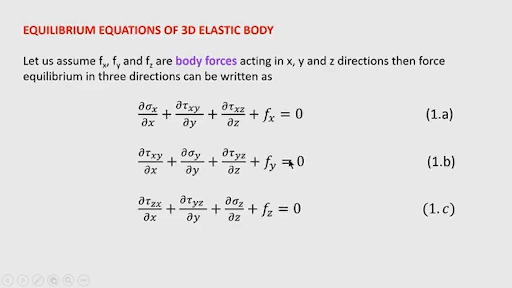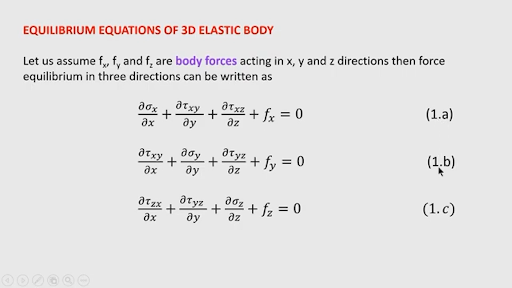Other 3 equations of equilibrium are from moment equilibrium, and that we can see in the symmetry of the shearing stress, that is nothing but the result of moment equilibrium. So, tau xy equal to tau yx, tau yz equal to tau zy, or tau zx equal to tau xz. These are actually moment equilibrium equations.